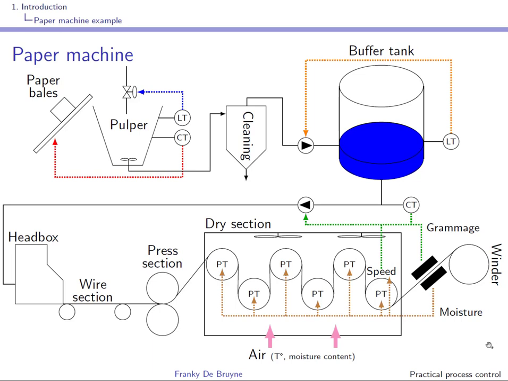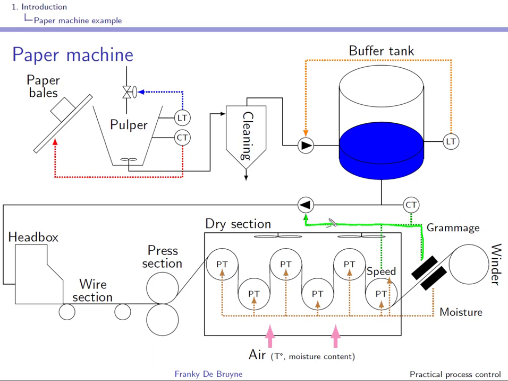At the exit of the dry section, the web is scanned and the relevant quality parameters are obtained: grammage in gram per square meter and moisture content in percent. Subsequently, the paper is wound on a reel. The grammage of the paper web is controlled by adapting the stock flow, as you can see over here.